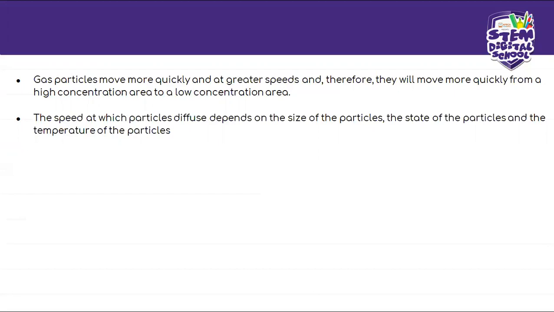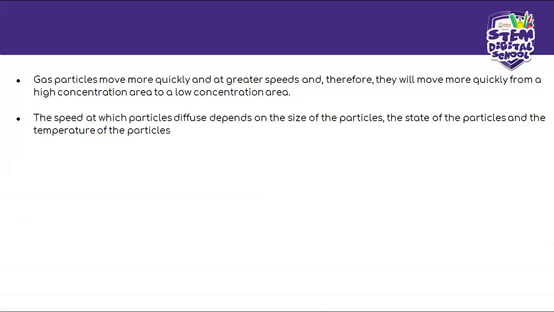Okay, now let's look at the state of the particles. When we are looking at the state of the particles, are the particles solid? Are they liquids? Are they gases? Or are they in powder form?